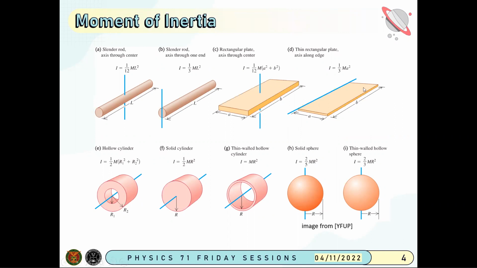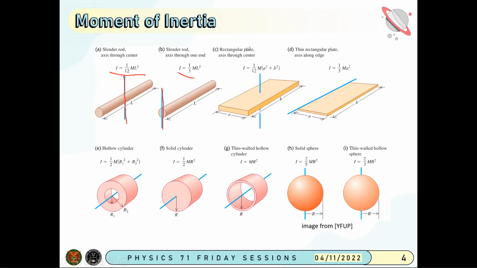Here we have two cases for the rod: a slender rod with the rotational axis through the center, where L is the length of the rod, gives this moment of inertia. If the pivot or rotation axis is through one end, then you will use this one. They are different.